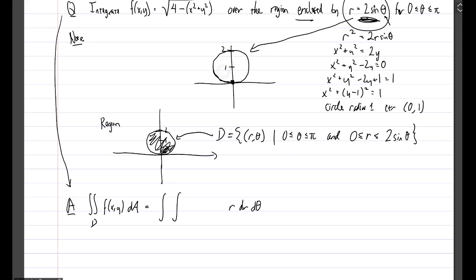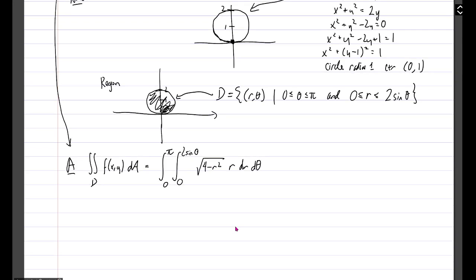Theta goes from 0 to pi, while r goes from 0 to 2 sine theta. And the function, instead of writing it as is, we're going to write root 4 minus r squared.